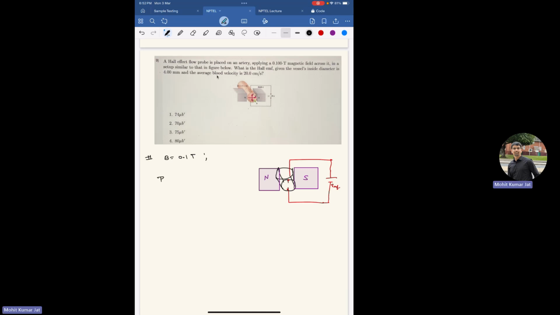In a setup similar to that in the figure below, what is the Hall EMF? So Rxy, we write it as B by n e, right? And V is equal to what? I times R. So V times e is equal to EMF, which is I Rxy times e.